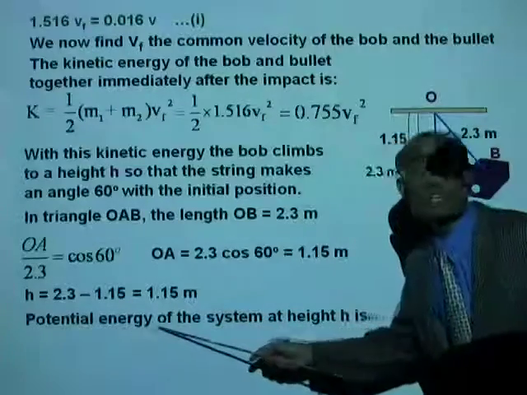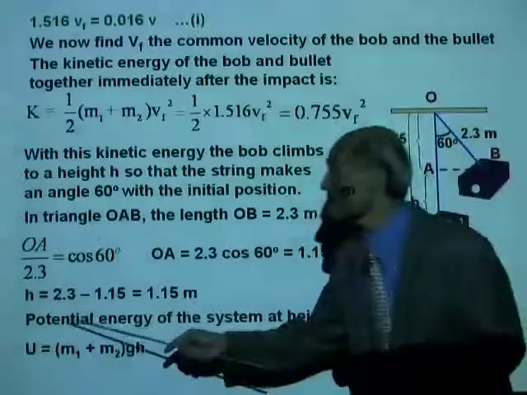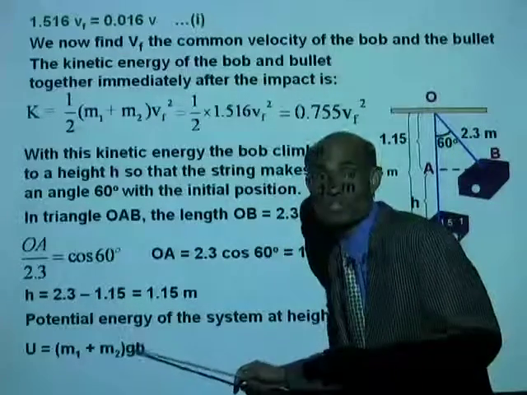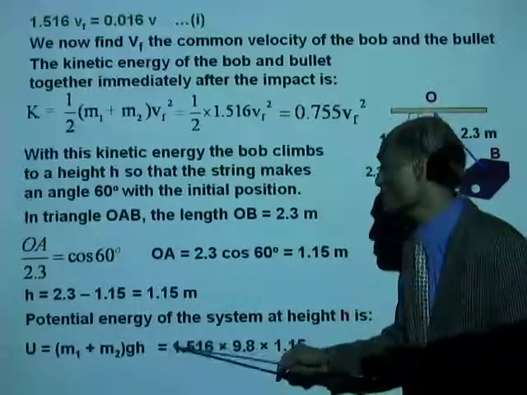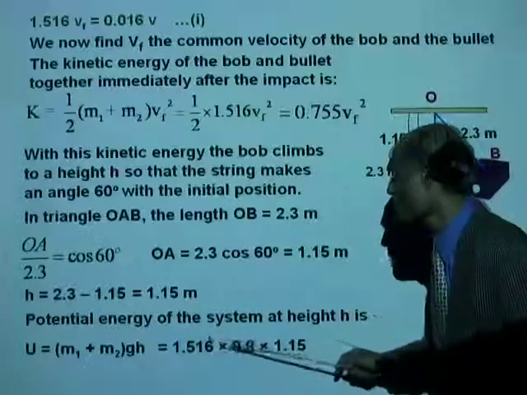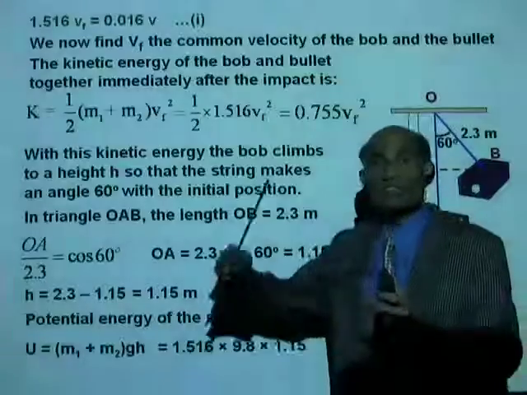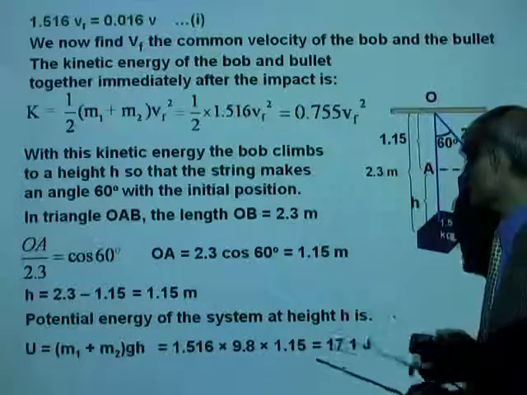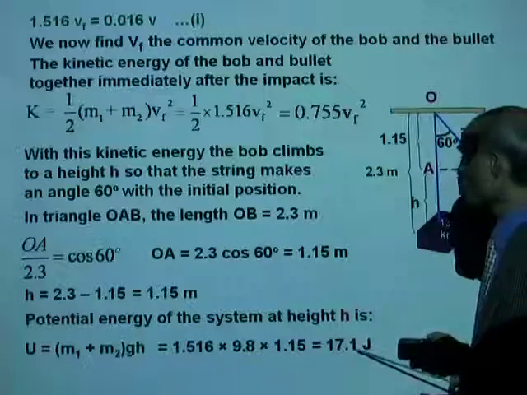What is the potential energy of the system? The potential energy is the total mass (m1 plus m2) times g times h. That is 1.516 kilogram, the total mass, times g times h, the height to which the system rises, 1.15 meter. That is 17.1 joules.